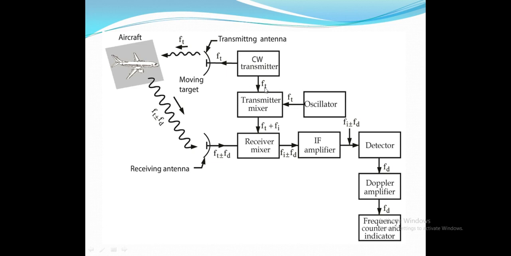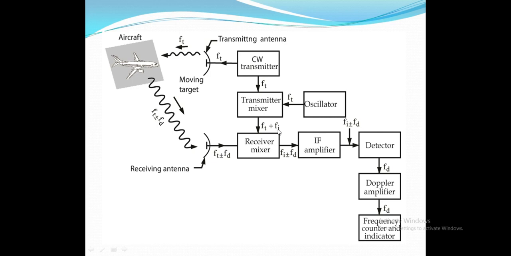Next, the transmitted signal Ft and the oscillator frequency Fi are mixed in the transmitter mixer to produce the frequency Ft plus Fi.